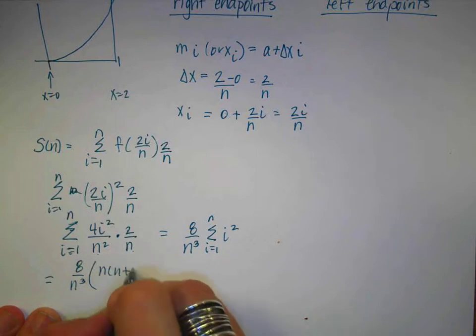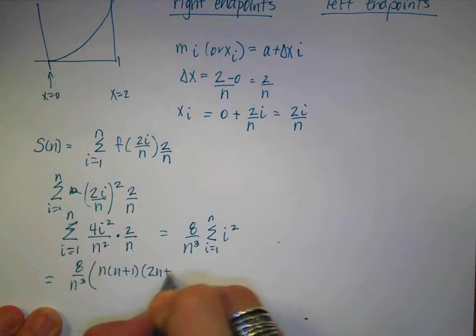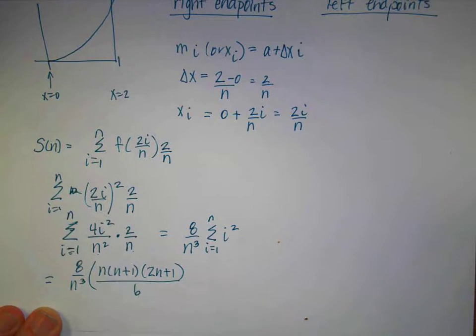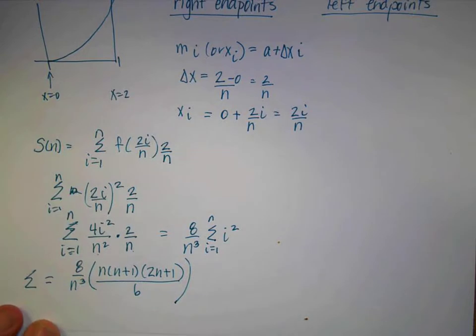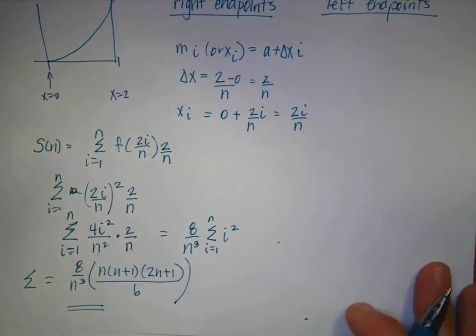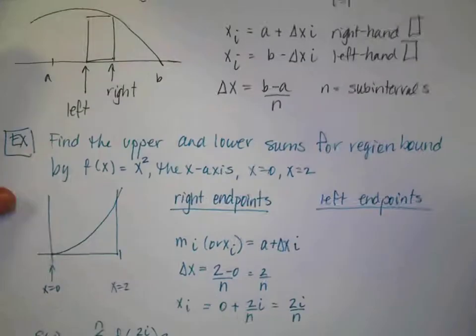My sum of i squared is going to be n times n plus 1 times 2n plus 1 over 6, alrighty? And then I'm going to simplify that math and then reduce my problem. So this is going to be my summation, okay? And I'm going to stop here, and I'm just going to set it up to here, and then I'm assuming that you can do that math.